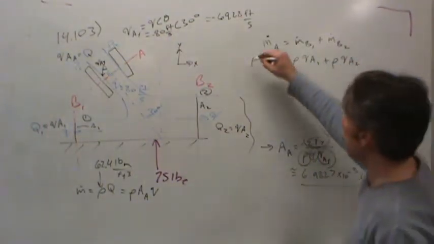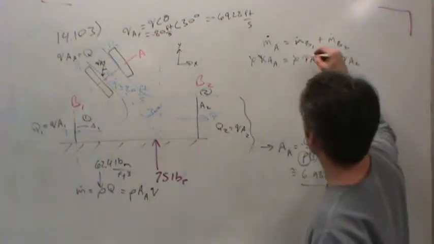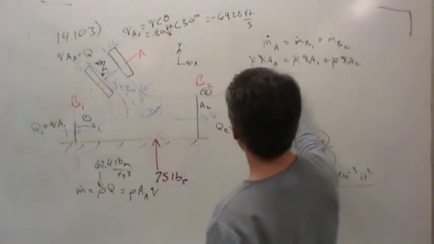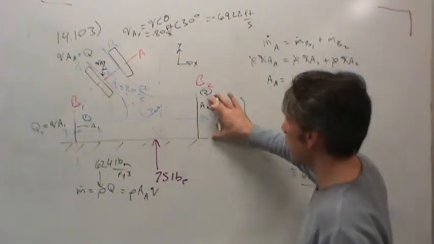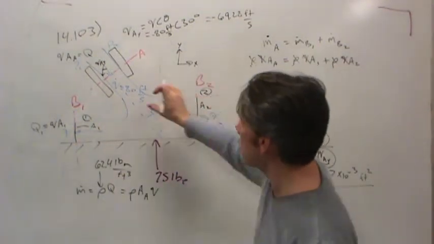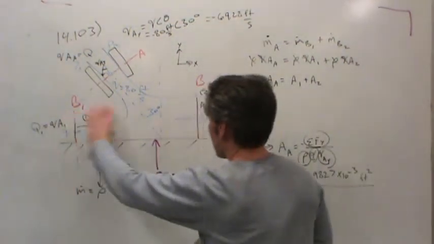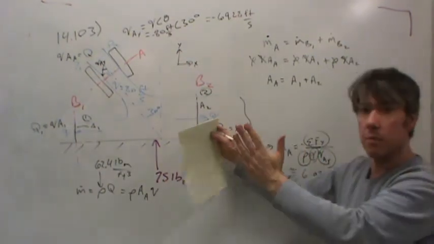But it's obvious that the density of the water at all the cross sections is the same, and we were given that the velocity of the water at all the cross sections is the same. Therefore, the cross-sectional area at A must be equal to the sum of the cross-sectional areas at 1 and 2, and you can see my drawing's way out of scale now, right? Because this distance plus this distance should be this distance, since we have the same width.